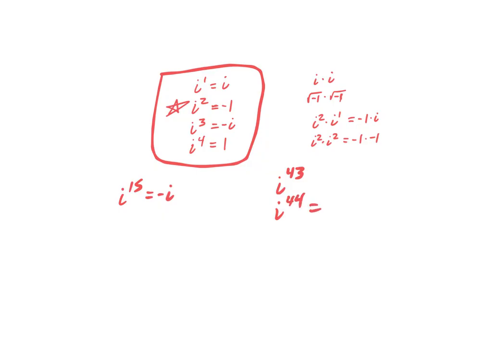Anything that is a multiple of 4 is going to be the same as i to the 4th. So 4, 8, 12, 16, 20, all the way up are going to be the same as i to the 4th. So i to the 44th, because 44 divided by 4 is 11, it divides evenly, would be the same as i to the 4th. So i to the 43rd would be the one right before it, which is -i. If you want to count, you can count, but you can do it that way.